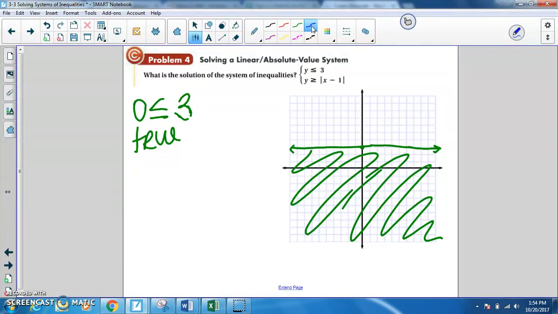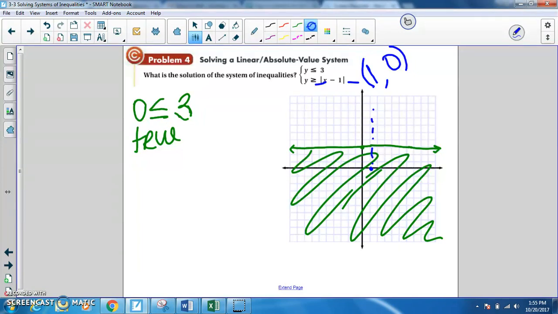Now I have y is greater than or equal to the absolute value of x minus 1. If I have absolute value, I have to remember I start with my vertex. My vertex is the opposite of the inside, 1, 0, because there's no number on the outside. So I'm going over 1 and plotting my point. The slope, which is the number being multiplied on the outside of the absolute value, is 1. So my slope is up 1 over 1.